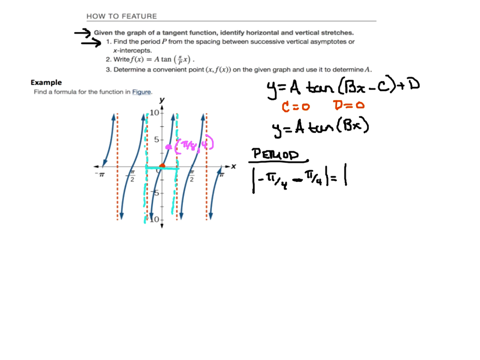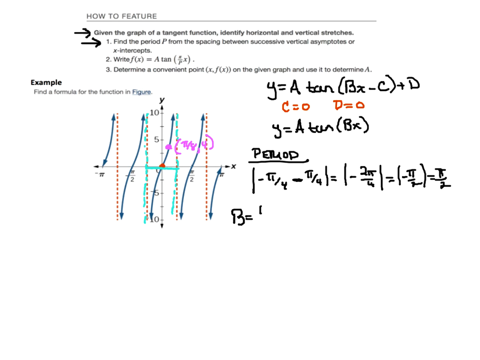So that is the absolute value of negative 2 pi over 4, which is the absolute value of negative pi over 2, which is just pi over 2, or half of pi, is my period.